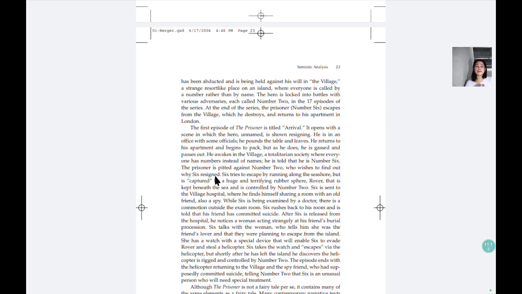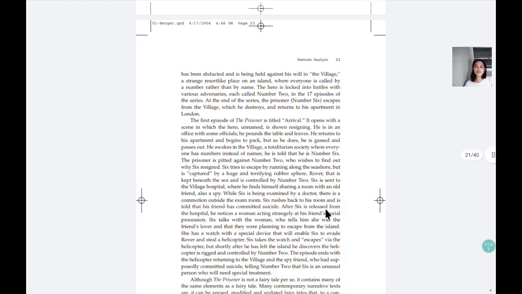The prisoner is pitted against Number 2, who wishes to find out why Number 6 resigned. Number 6 tries to escape by running along the seashore but is captured by a huge and terrifying rubber sphere, Rover, that is kept beneath the sea and is controlled by Number 2. Number 6 is sent to the village hospital, where he finds himself sharing a room with an old friend, also a spy.